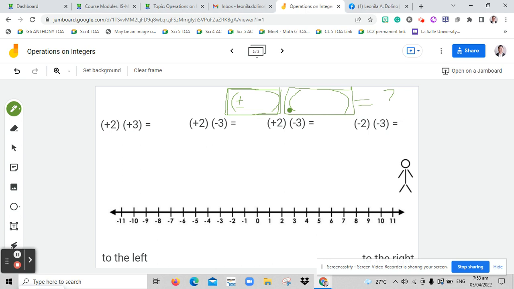So in this case, we only have two directions. If it agrees, then whatever is suggested will be followed. But if the multiplier disagrees, that means they will go to the opposite direction.